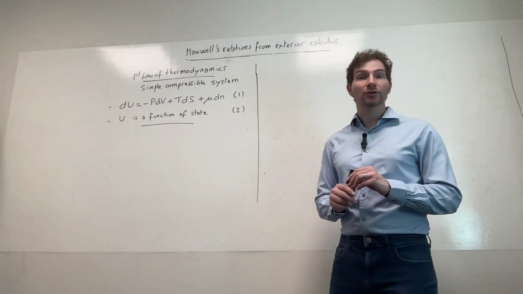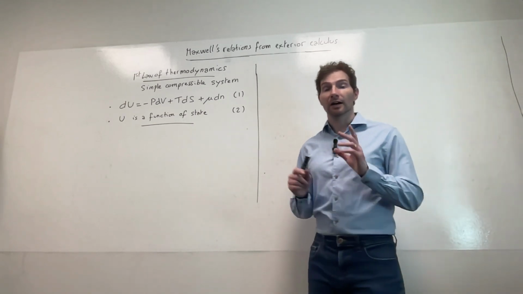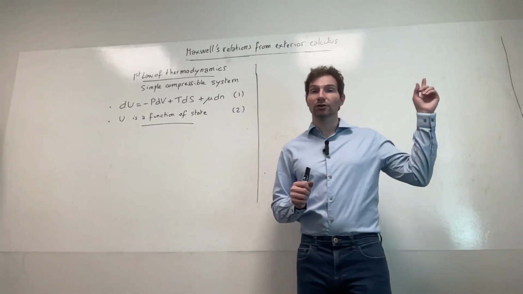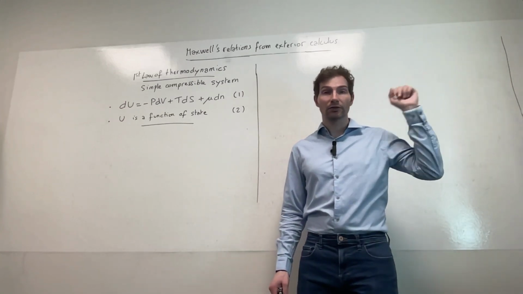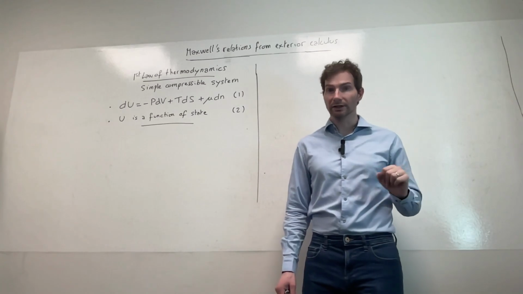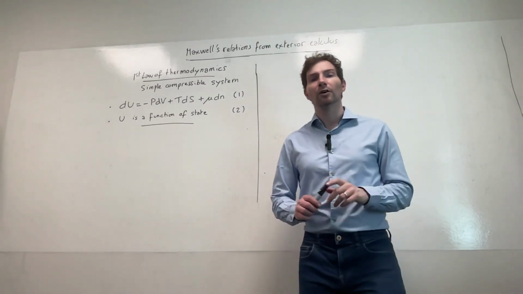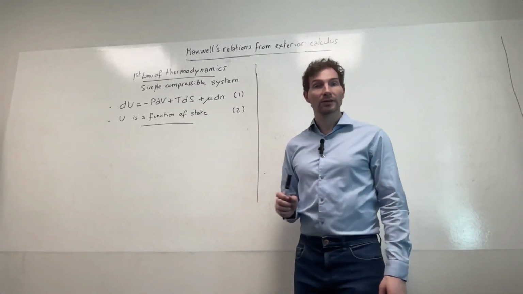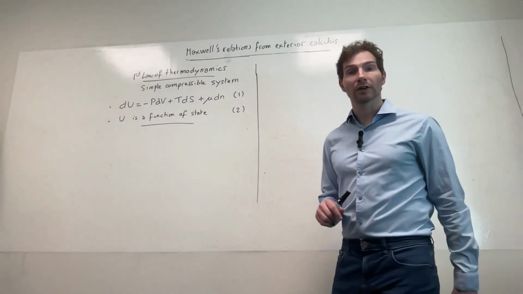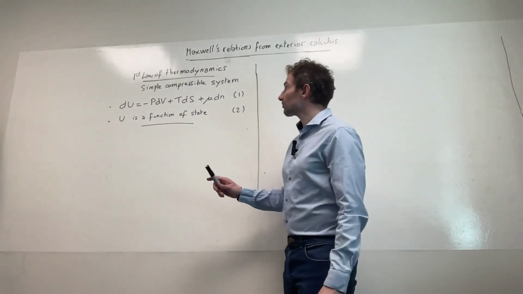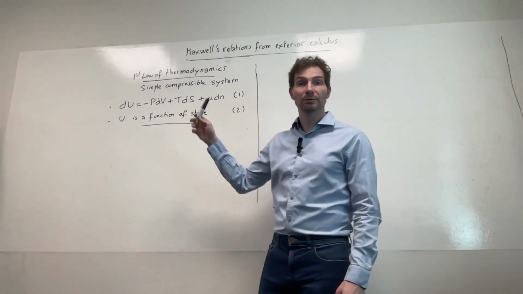The only ingredients we need to know here are a bit of exterior calculus, so I'm going to put some links here if you want to explore some of the things we are going to use here, not very much really, and then a bit of thermodynamics, and in particular simply the first law of thermodynamics, which tells us for a simple compressible system.